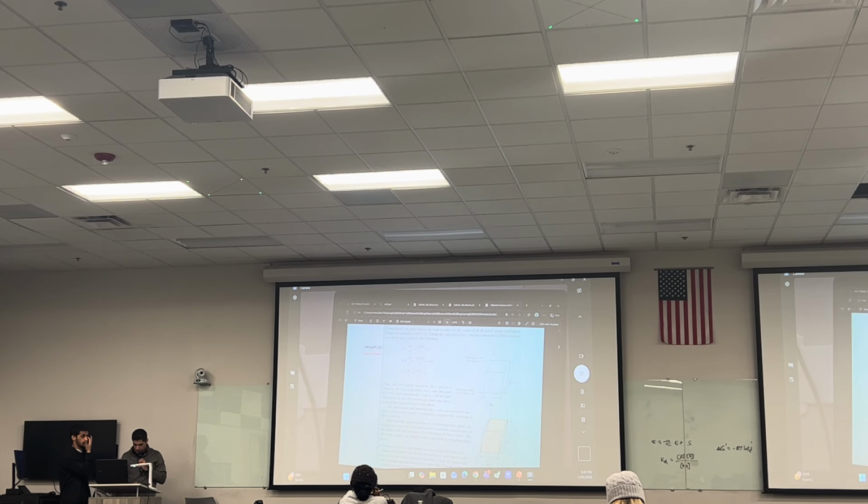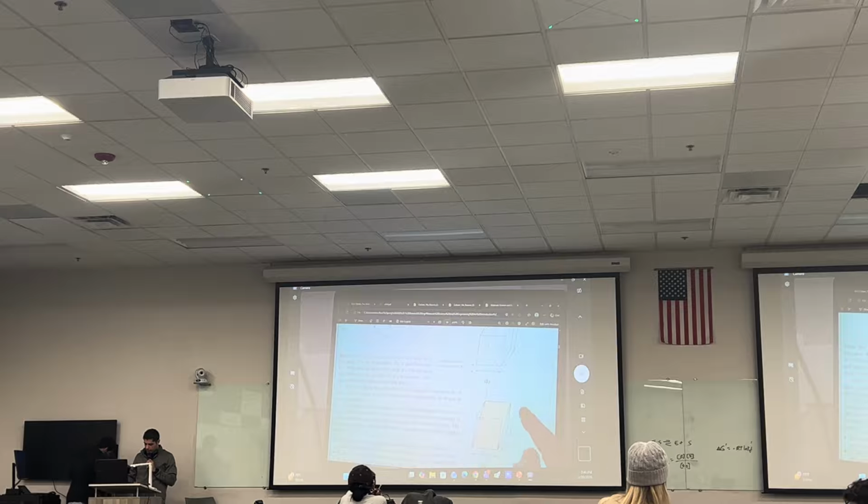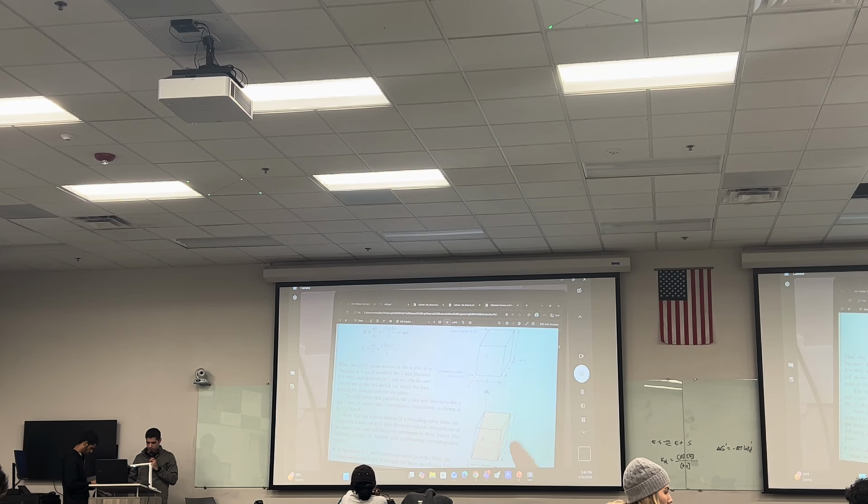For example, in this example, it intercepts the x-axis at this point, which we call A, and intercepts the z-axis at the point C, and it never intercepts the axis Y.